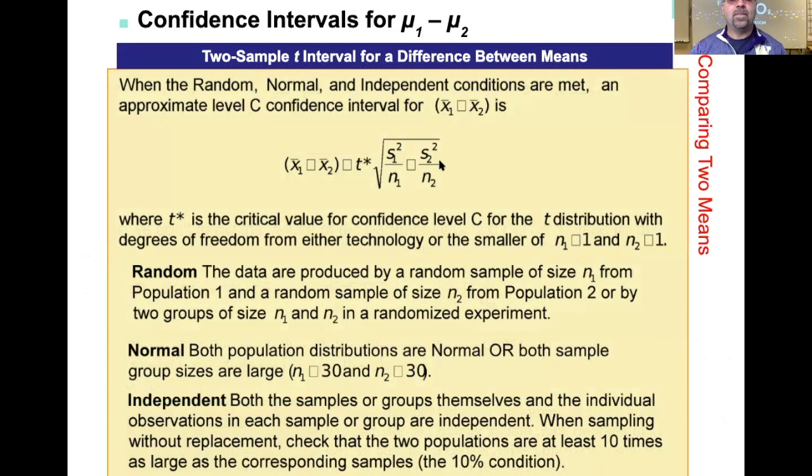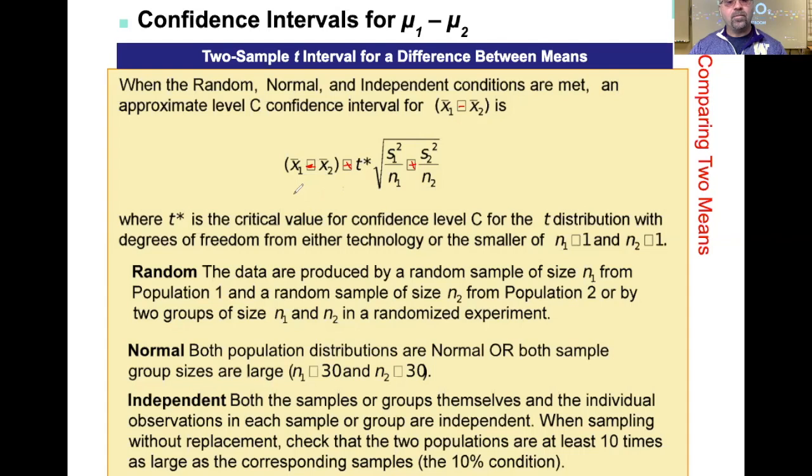Oh boy, the trouble with t procedures, and this is where it gets a little bit different, is this is a confidence interval here. When you are looking for a t statistic, you have to know degrees of freedom. Well, in the case of a single mean, when we did it before in chapter 9, that was easy because there was only one sample size.